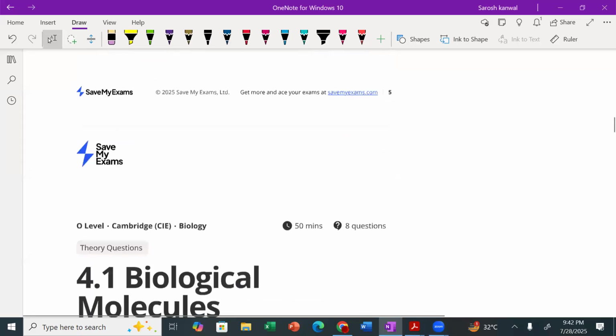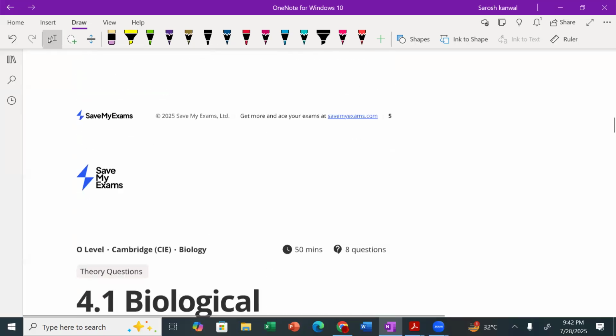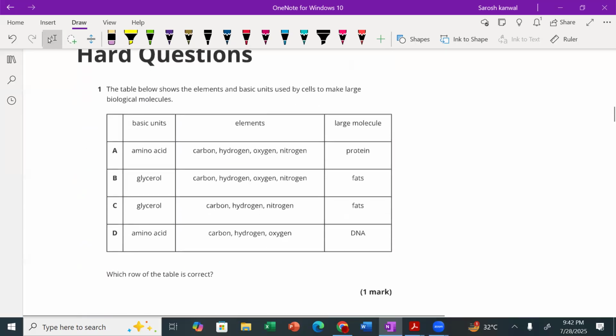Okay, the next question is for Mibsam. The table below shows the elements and basic units used by the cells to make large biological molecules. Which row of the table is correct?